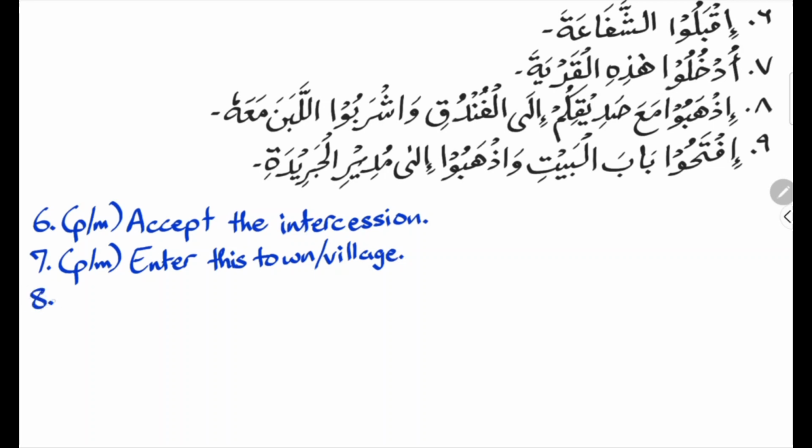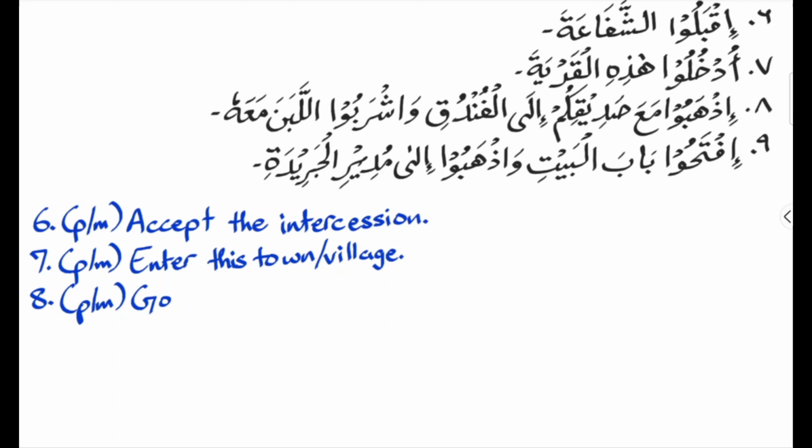Number 8 is اذهبوا مع صديقكم إلى الفندق واشربوا اللبن معه. اذهبوا is from the root word ذهب, which means to go. اذهبوا is on the wazn of افعلوا, which is plural masculine. Go. مع with. صديقكم, that's مضاف and مضاف إليه. The kum is the pronoun, the attached pronoun, or الضمير المتصل for plural masculine.